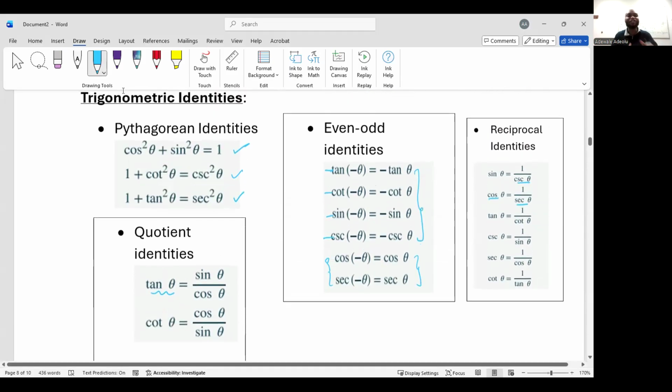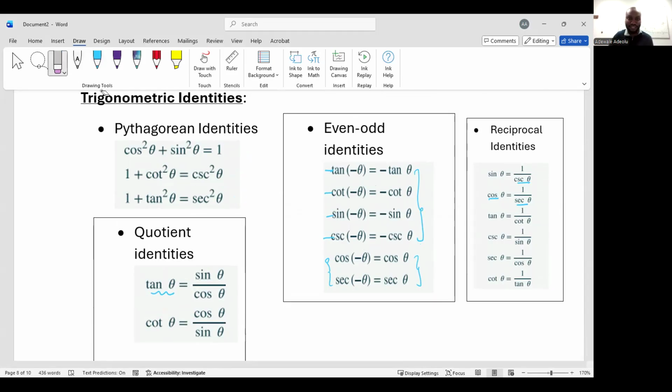So we will be using all these known identities to manipulate or to rewrite trig expressions so that we can form newer identities from them. So let us see how we can go through this idea.